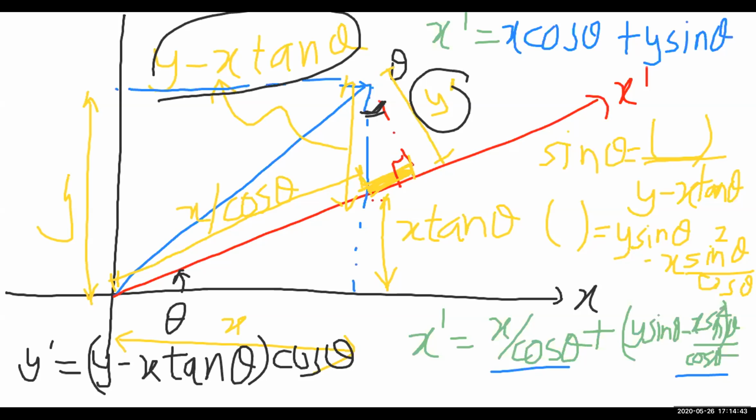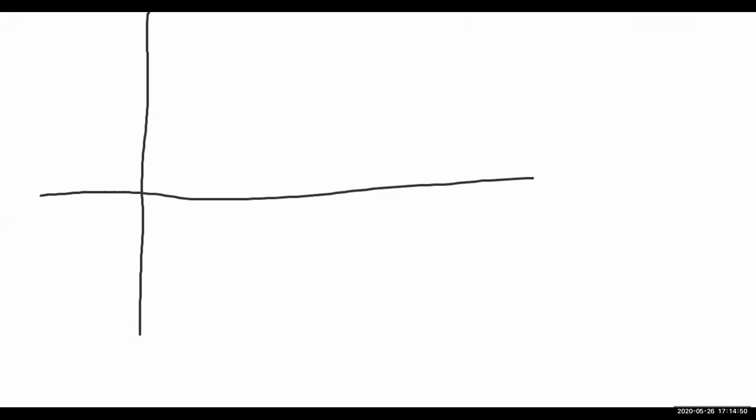So let me just rewrite the results. So if you have a vector A, which is making some angle with the x-axis, y-axis, I don't know, and I'm not really bothered, right?